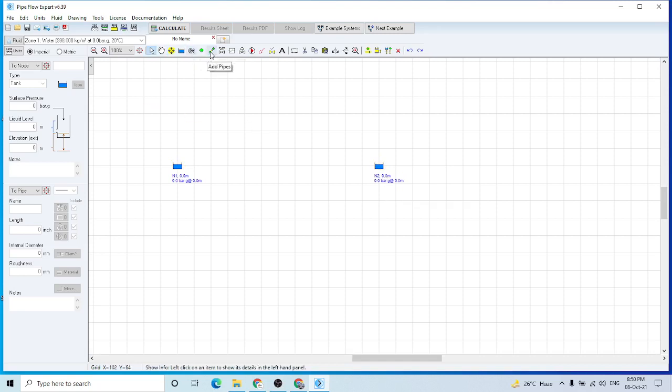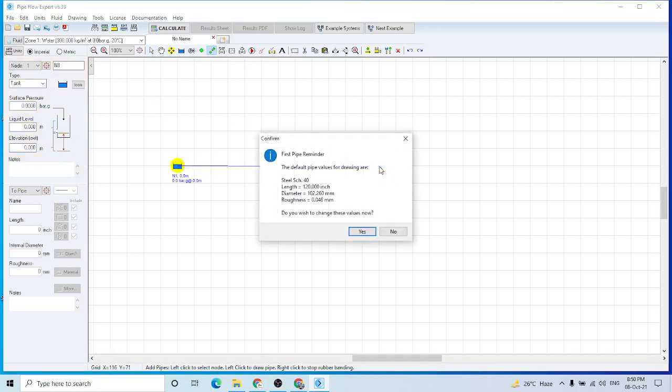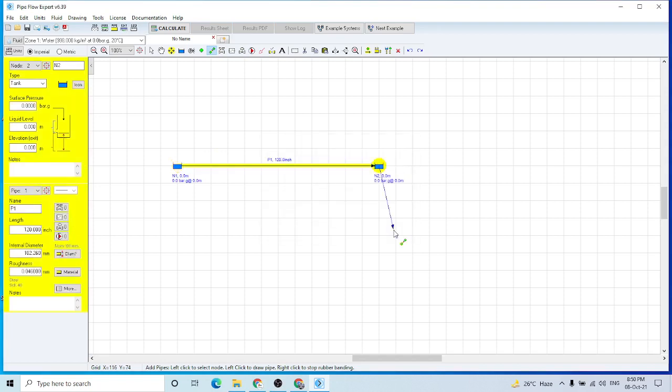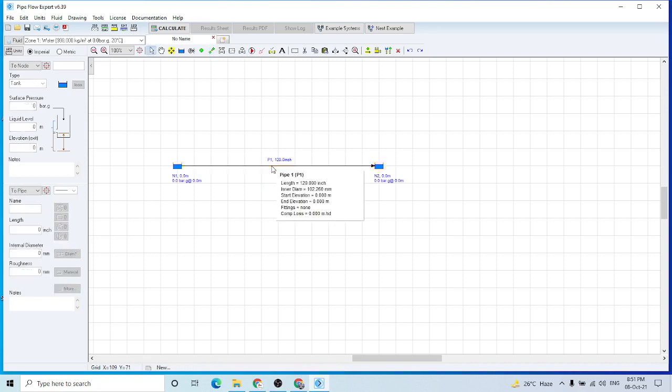Now we have to join these two tanks with a pipe. So this is a very simple case where there are two tanks joined by a pipe. So our goal is to calculate the pressure drop in this pipeline.